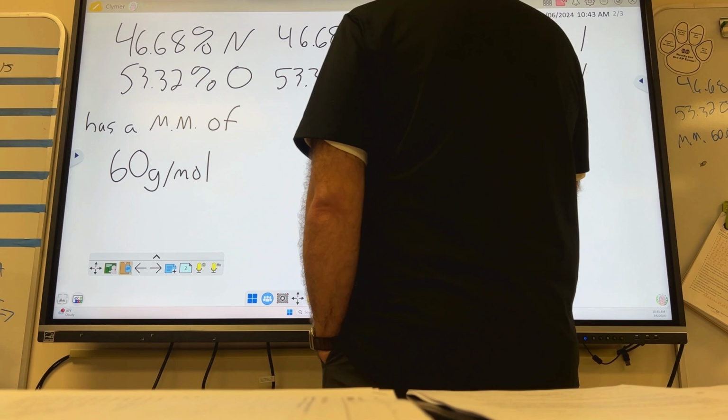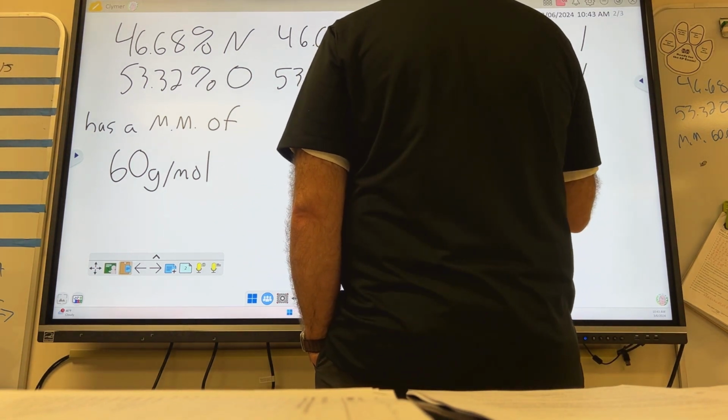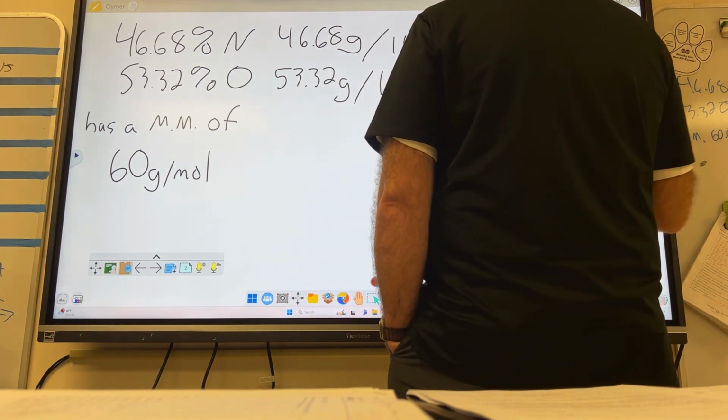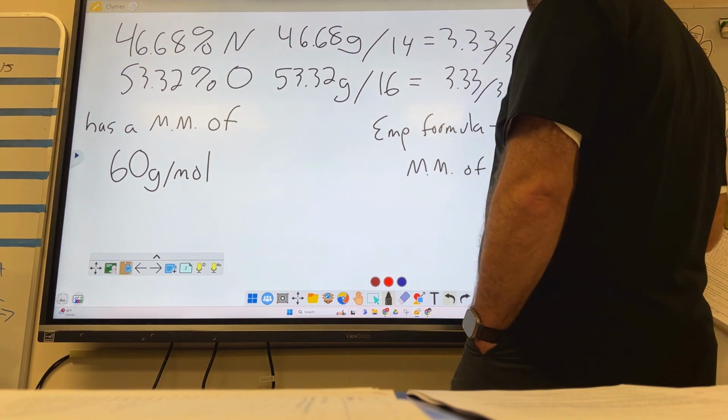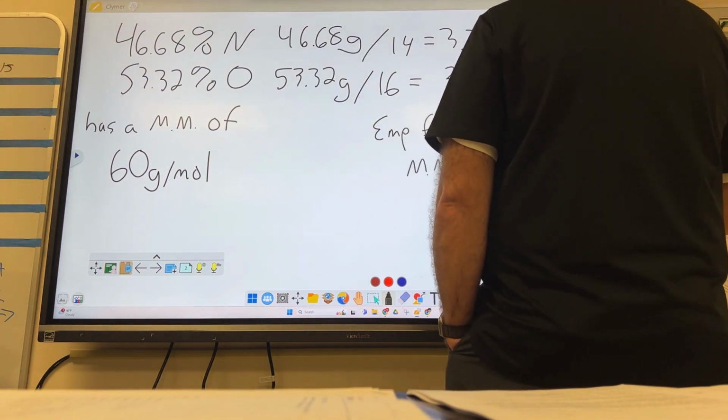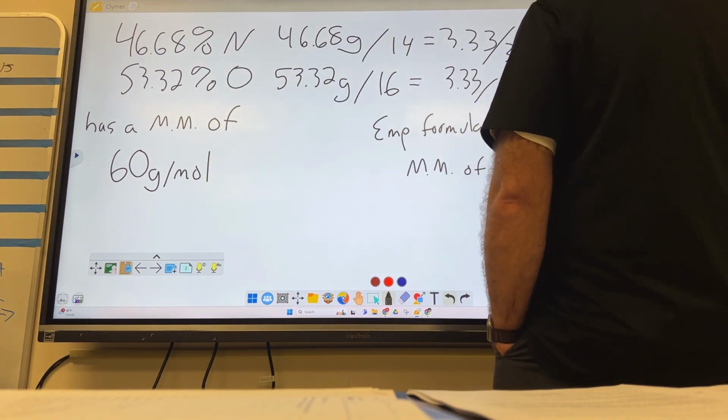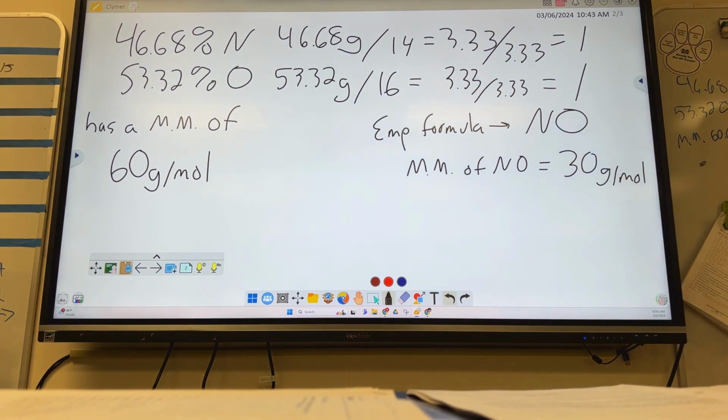So the molar mass of NO is 30. So the NO2, right? No? I know, you have to double it. What is our molecular formula for our mystery compound?